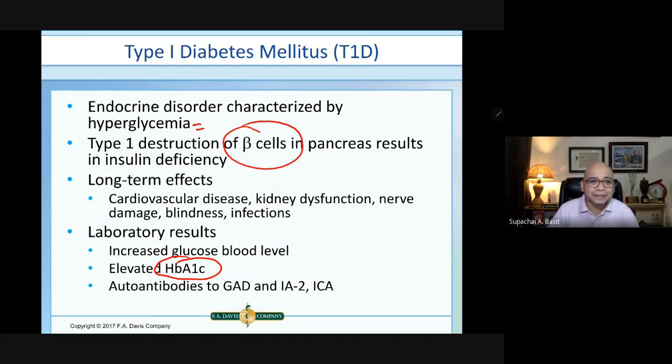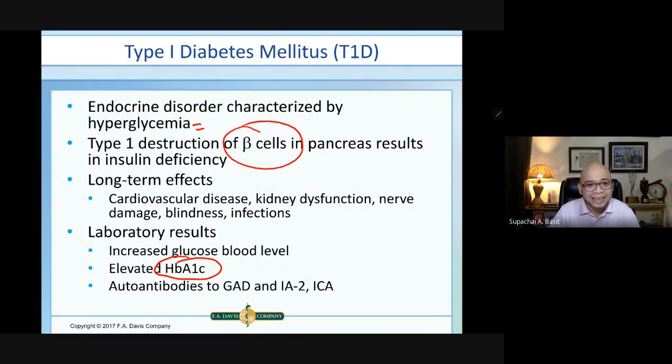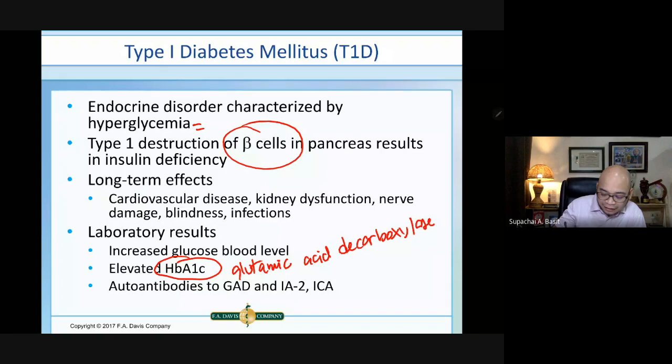type 1 diabetes mellitus is considered an autoimmune disease because you would develop autoantibodies to GAD, which stands for glutamic acid decarboxylase 65 antigen.